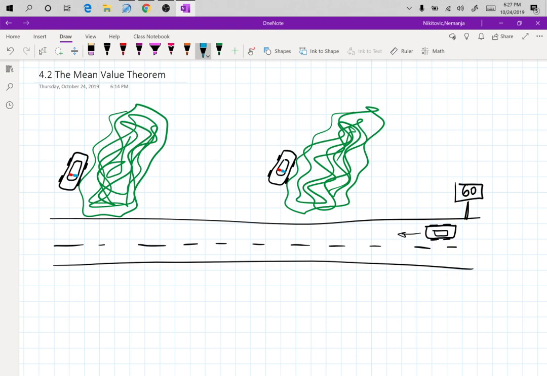Do we all understand what's happening here? Traffic. Yes, you are driving down the highway, and there is a speed trap right here, and there's another speed trap right there. Let's say that these two are 10 miles apart.